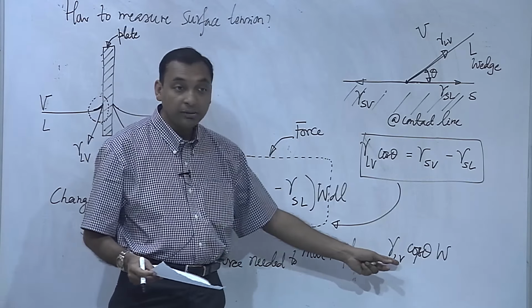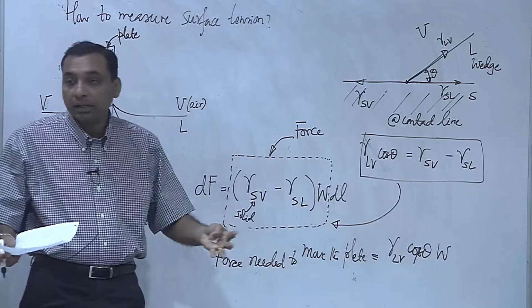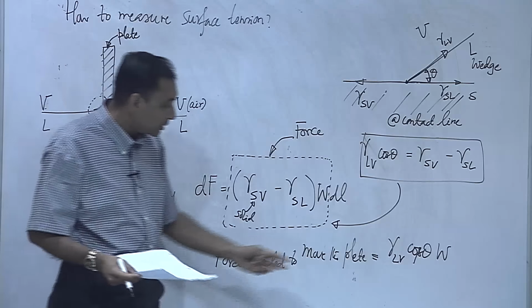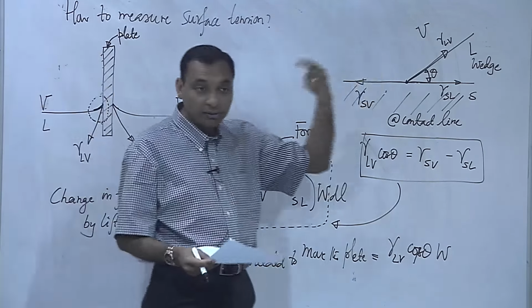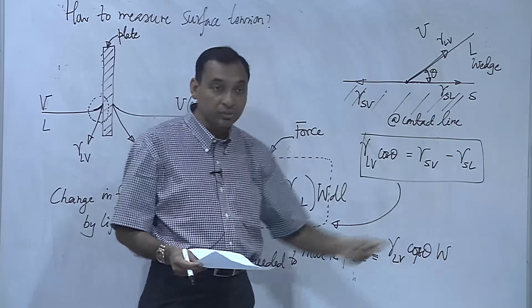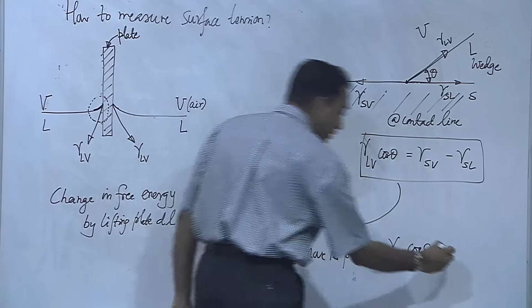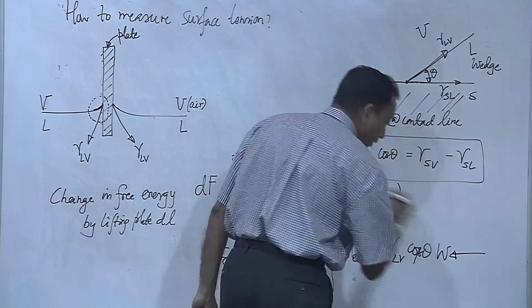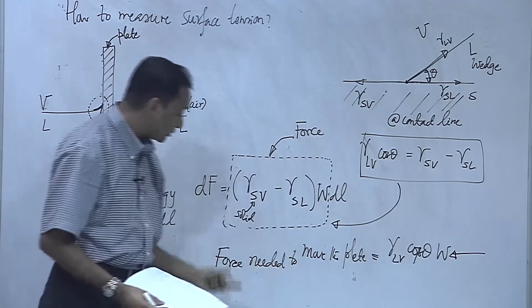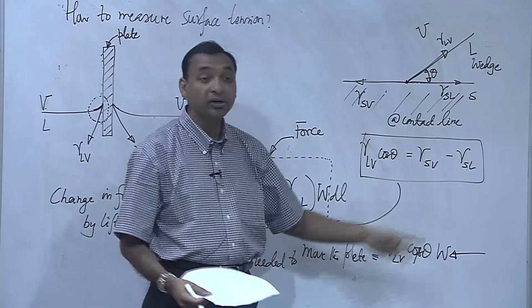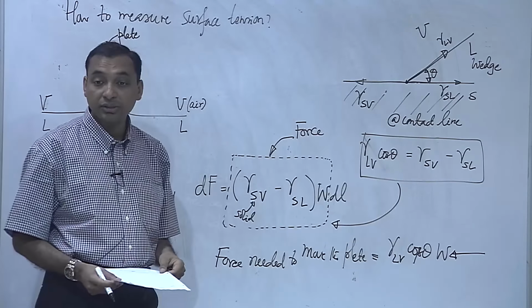Gamma liquid vapor, I know, right? If I have water, I know the surface tension of water. I can measure theta. W is known. So then the entire thing is known. If I have a way to measure the force, then for any unknown liquid, I can measure the surface tension as well.